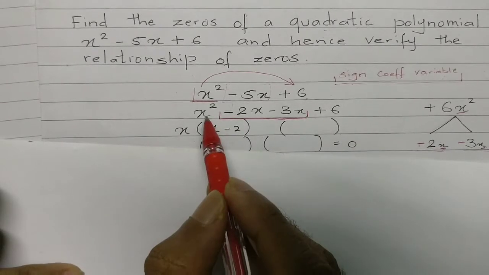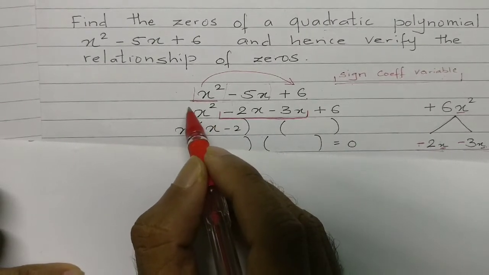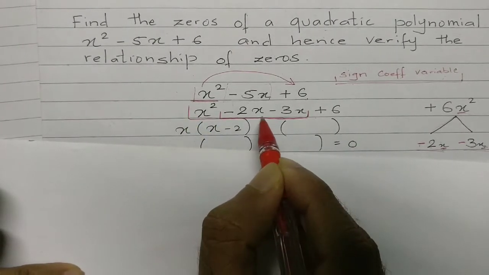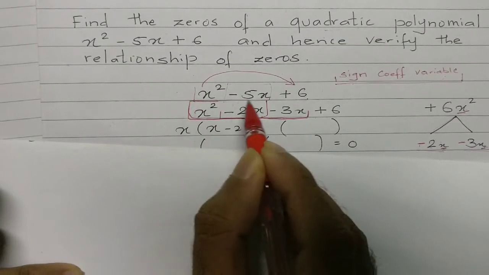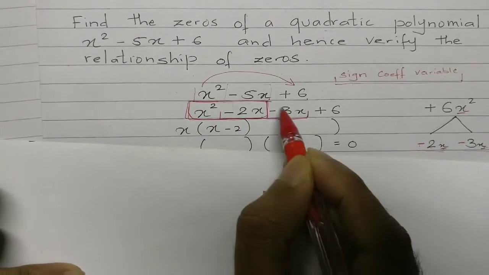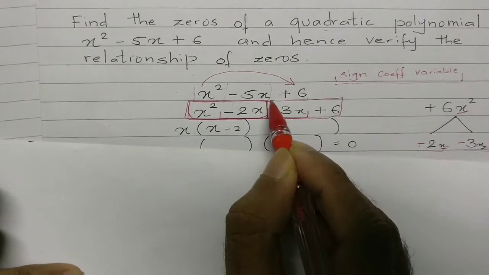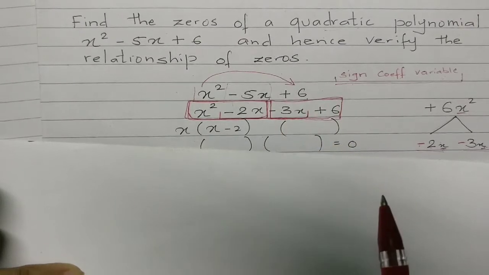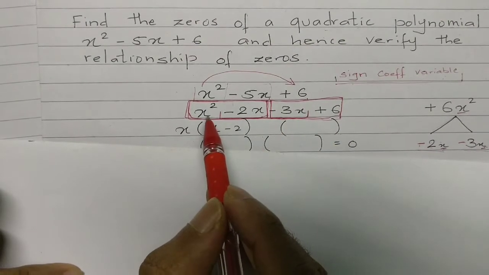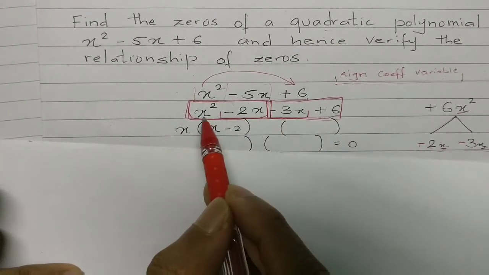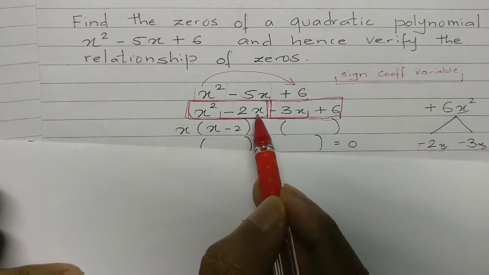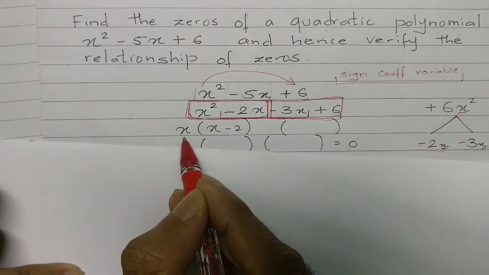Okay, so now what will happen is, from this x square minus 2x, this is one part, and this is the other part. Hope you can see it very clearly. From here, take something common. So there's x square and x over here, so I'll take x common.